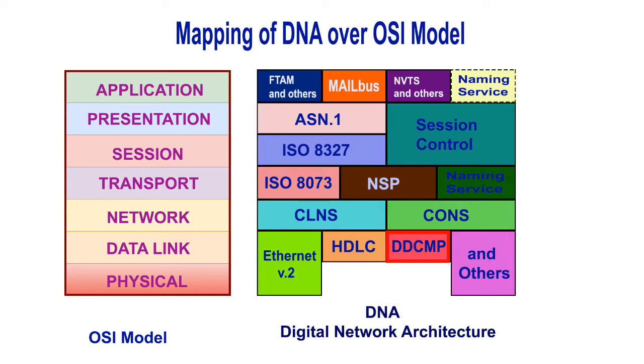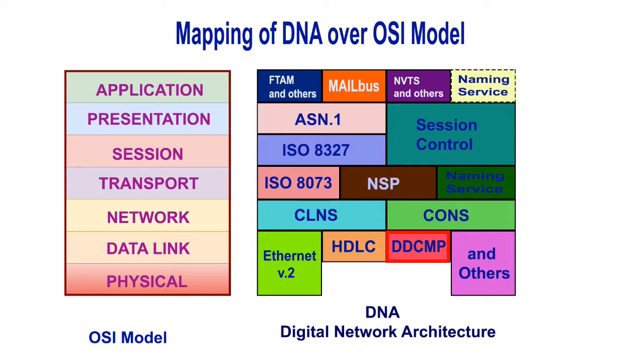Digital Data Communications Message Protocol, that is DDCMP. DDCMP was the original DNA data link protocol designed in 1974 for WAN links. Like HDLC, DDCMP can operate with synchronous or asynchronous transmissions.